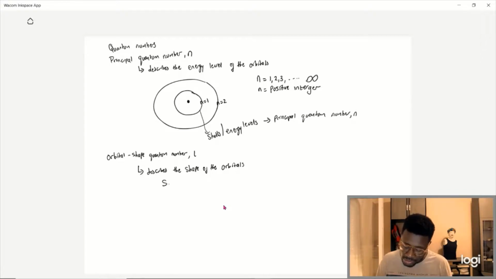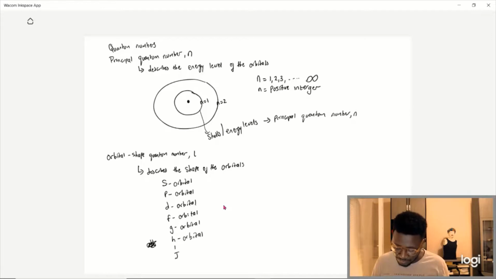We have the s orbital, the p orbital, the d orbital, the f orbital, the g orbital, and from here it goes alphabetically. So after g is h, and so on, alphabetically.